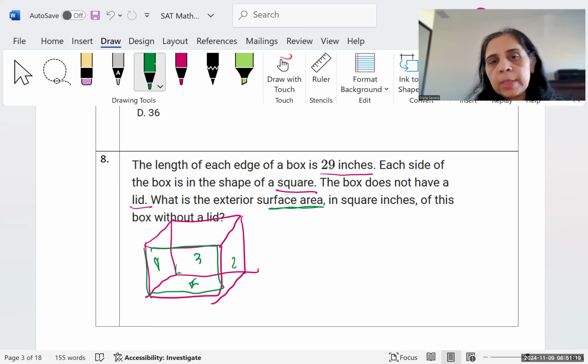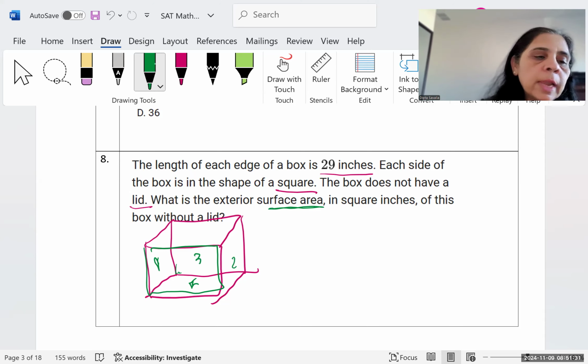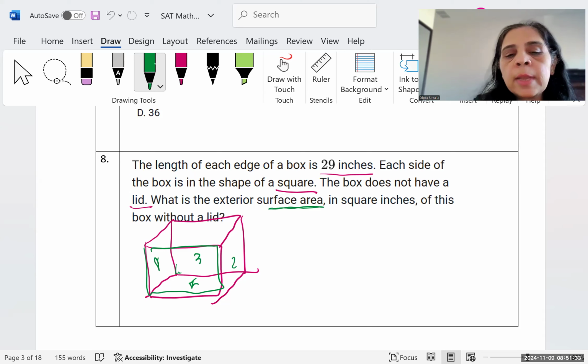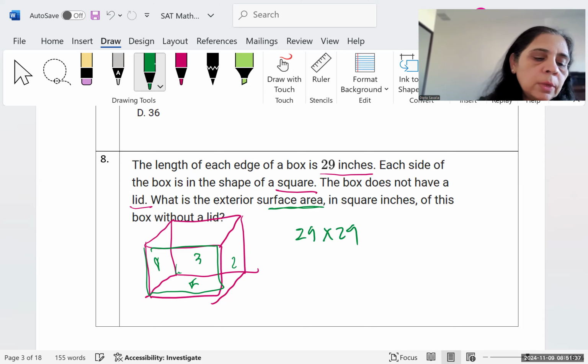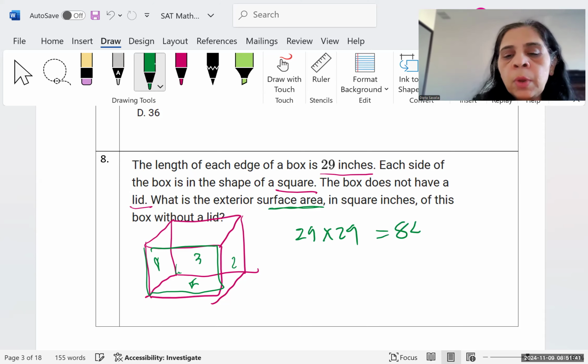The question asks, what is the exterior surface area? How we find surface area is to find the area of each side and add them. We have squares, each side has the same length and width, so we get the same area for each side. The area of each side is 29 times 29, which is 841, one side's area.